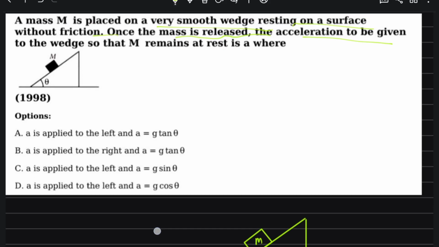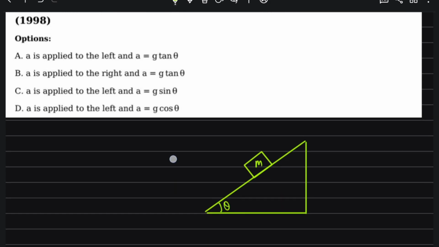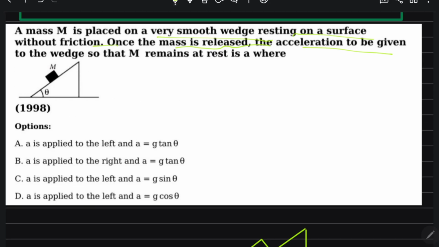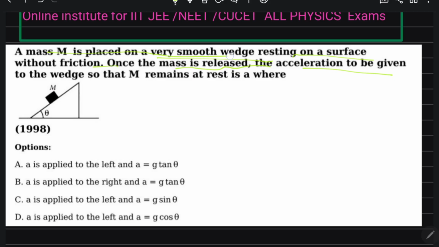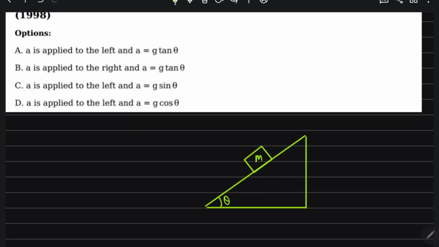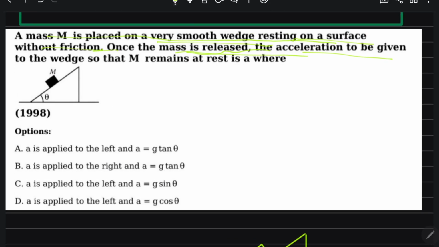Once the mass is released, the acceleration to be given to the wedge so that the mass remains at rest is.